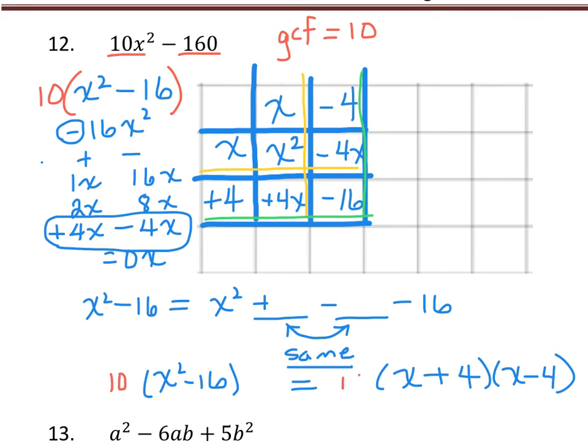You carry it through all the way to the end. And so your factored form of 10x squared minus 160 is 10 times x plus 4 times x minus 4.